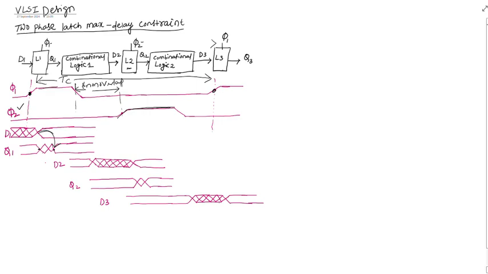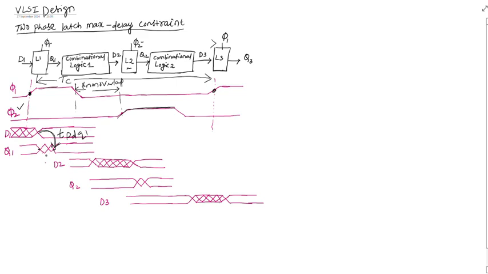Now data is transferring from D1 to Q1, so there will be two delay times. One is known as contamination delay, where the execution will start. Then after some time the output will be stable, that is known as propagation delay. Here the expression is TPDQ1, the propagation delay from D to Q1.